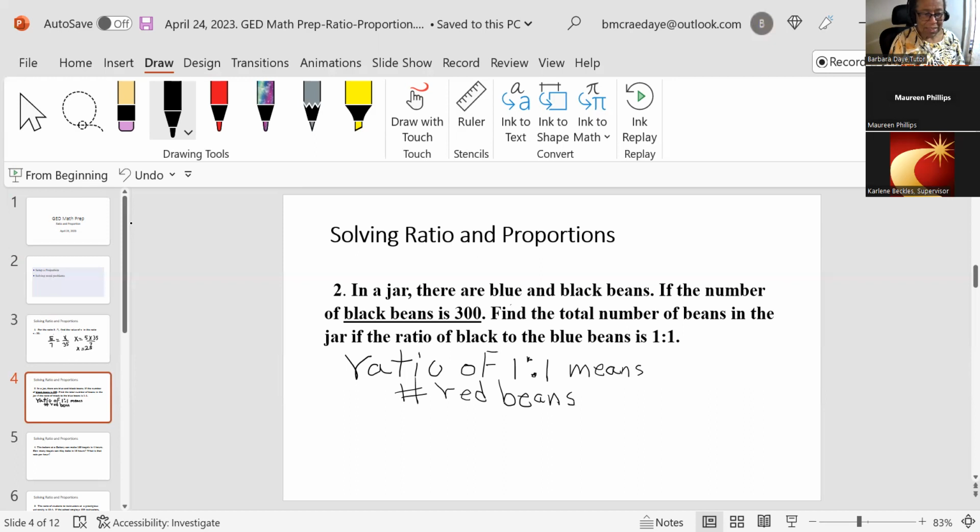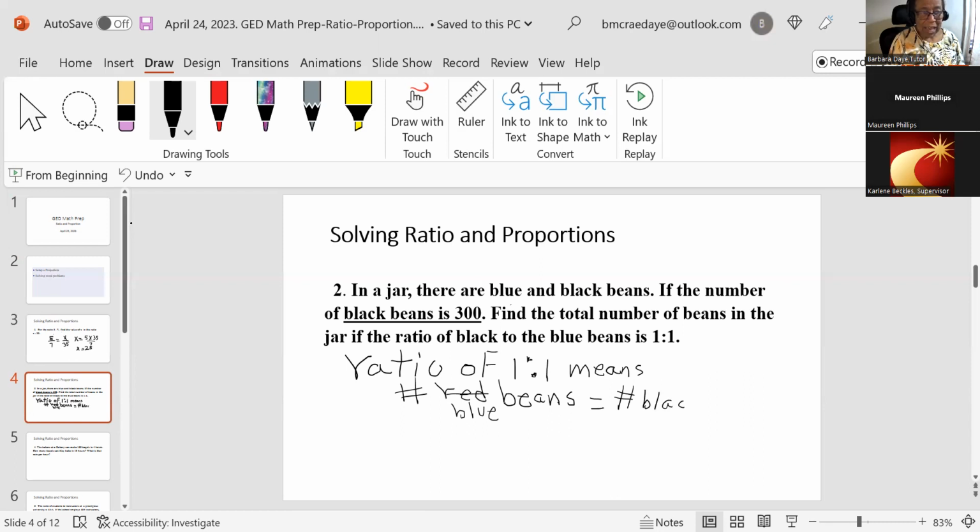This one makes you think, right? Equal number. I'm sorry, that should be blue. Number of blue beans equals number of black beans.